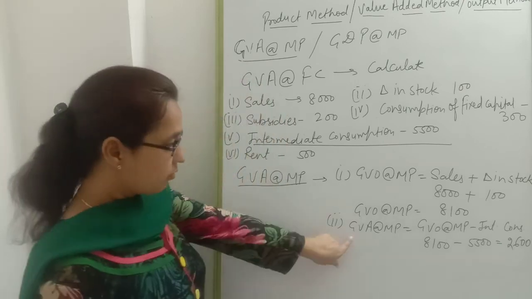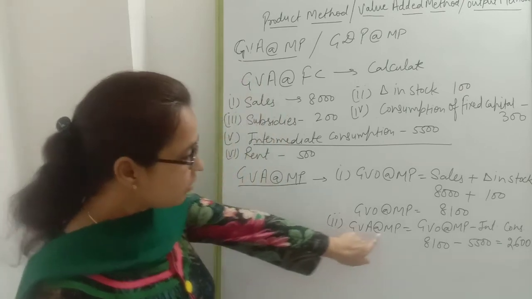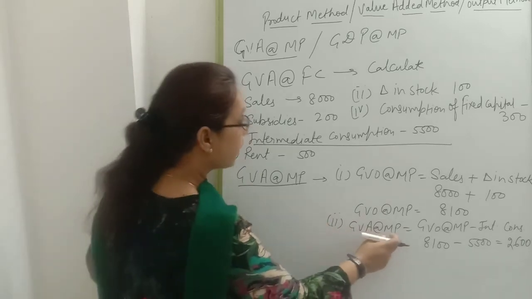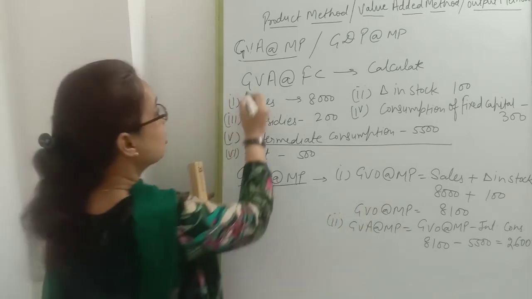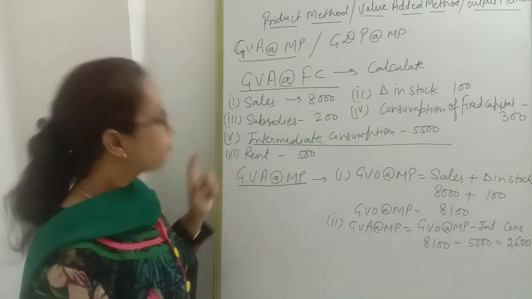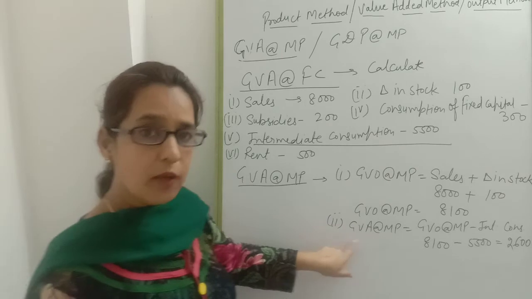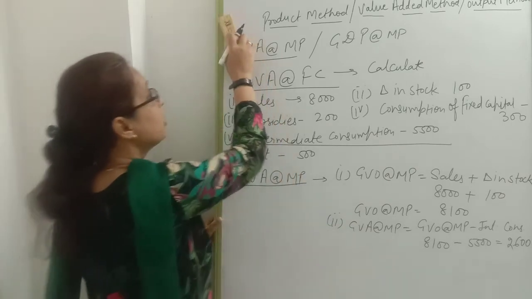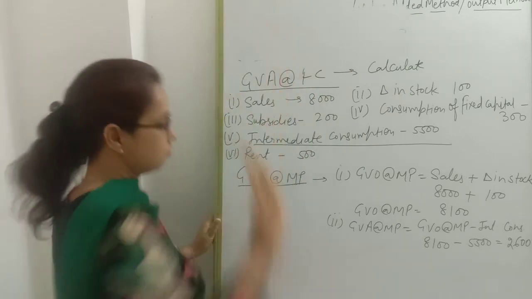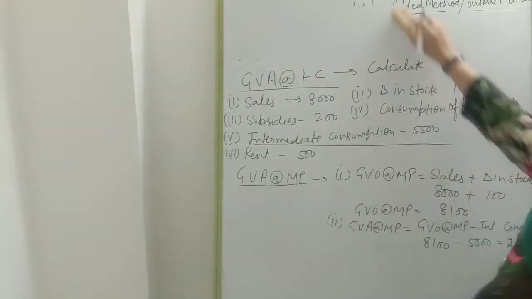Now what we have got is GVA at the rate of MP, which means gross value added at market price. But in the question, what we have to calculate is GVA at the rate of factor cost. So we have to convert MP into FC.